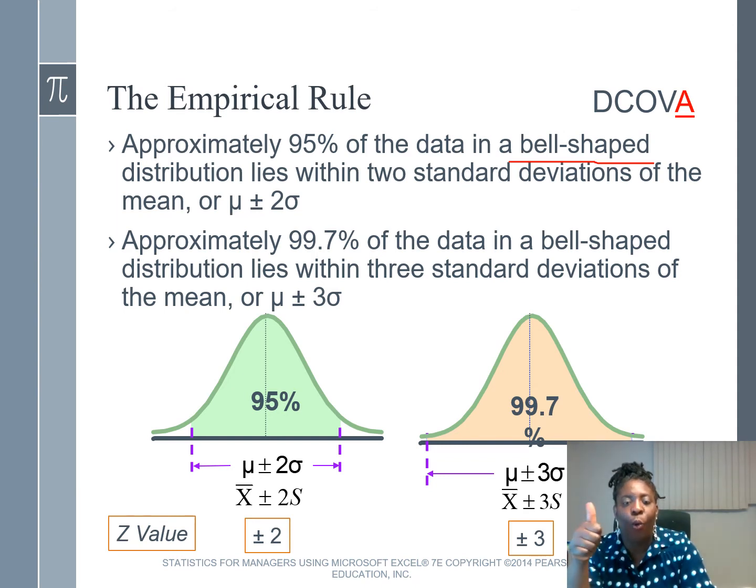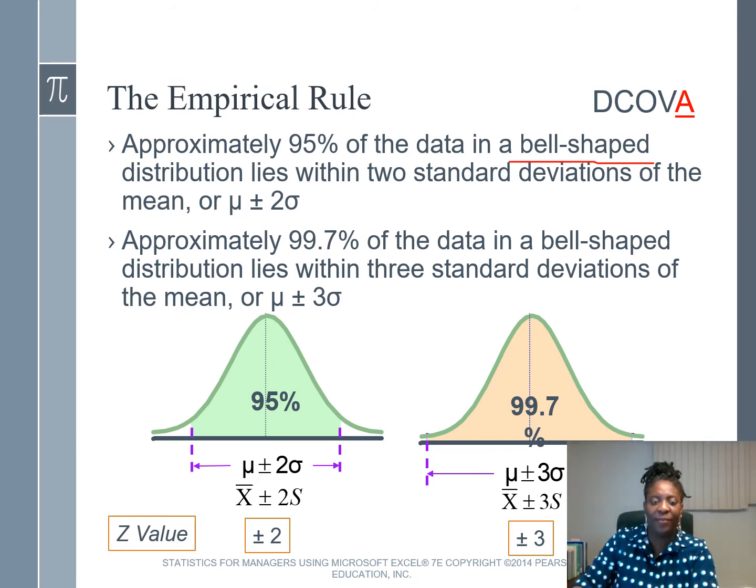So 68% of all data in a population, if it's bell-shaped or symmetric, is within 1 standard deviation of the mean. 95% is within 2 standard deviations, plus or minus 2. 99.7% is within 3 standard deviations, plus or minus 3. We can start doing interesting things with what we know about the mean, standard deviation, and oh my God, the shape of the distribution. In this case, we're assuming it's bell-shaped and normal. Let's go see how this is used.